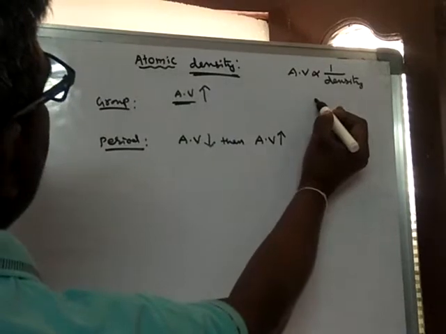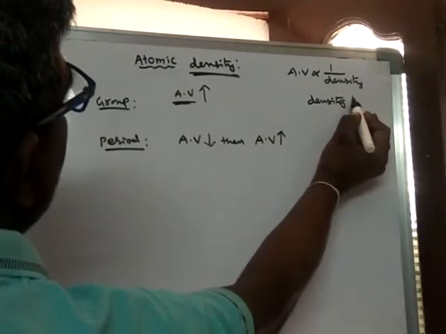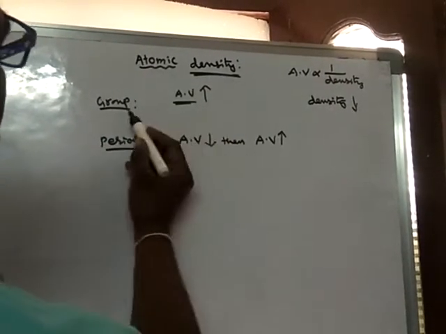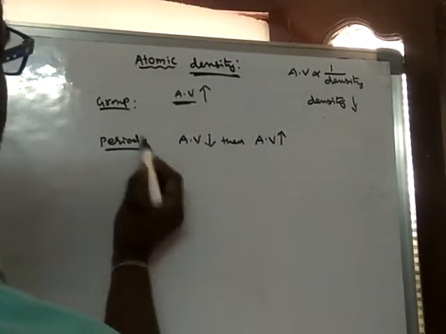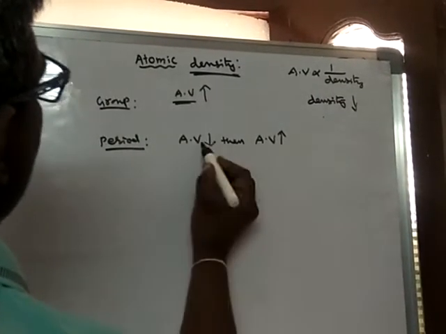Now density should be opposite. That means down the group, density decreases. And in a period, what should happen to density?